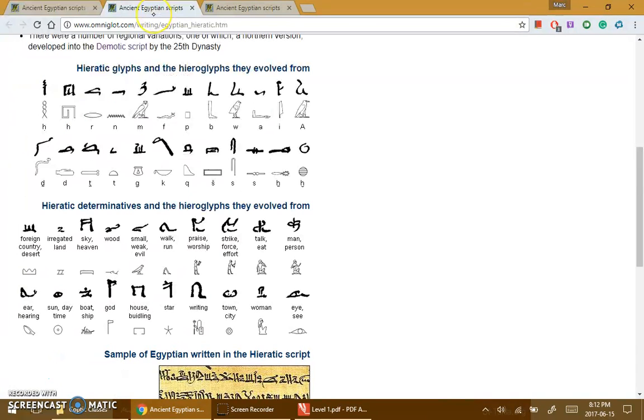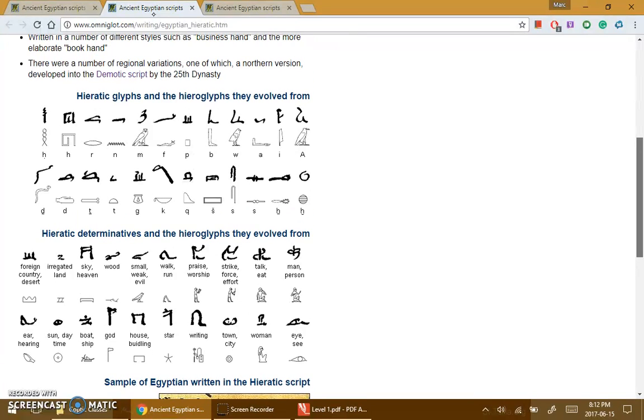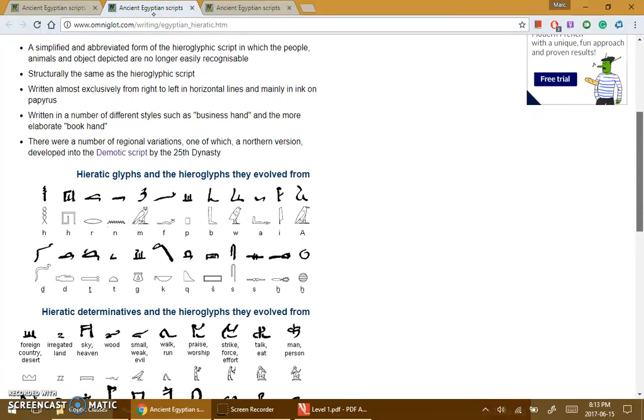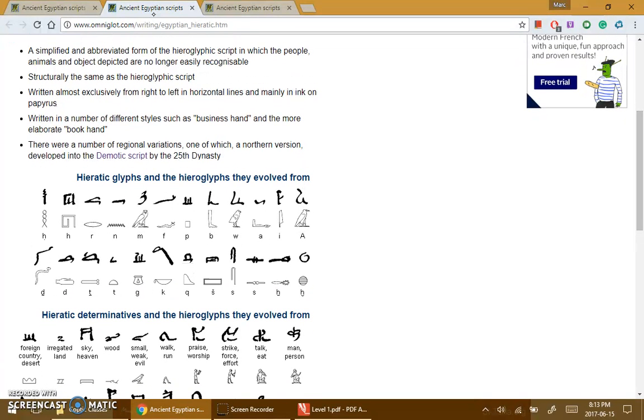The second development was called the hieratic script. As you can see here, it's simply a simplification of hieroglyph writing. It started being used for other purposes that aren't just religious, but it was still used mostly by the priests and mainly for big orders, like kings, priests, things like that, because it was pretty advanced writing.